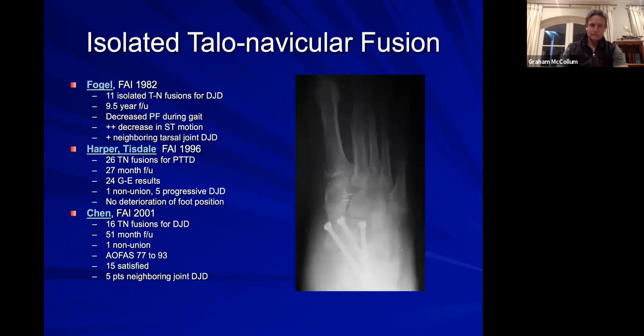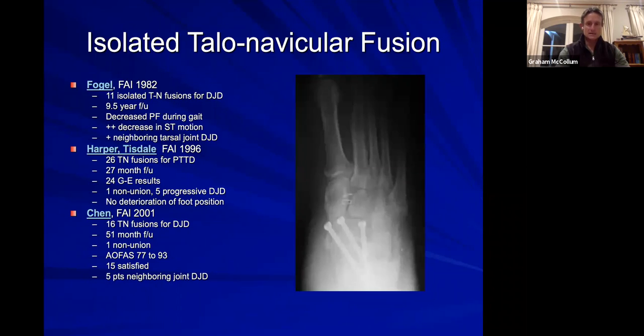Some more on the isolated subtalar fusion, and then the talonavicular joint. There's a lot of stress through this joint. It's what we call the acetabulum pedis. So it's quite prone to osteoarthritis, like the hip in a way, with a ball and socket type motion, and it's certainly not uncommon for this to develop some wear and tear.